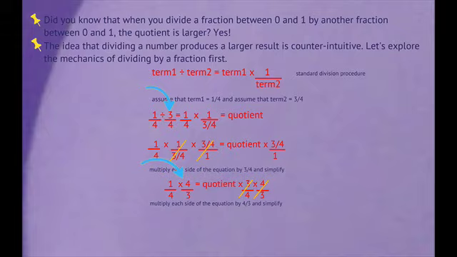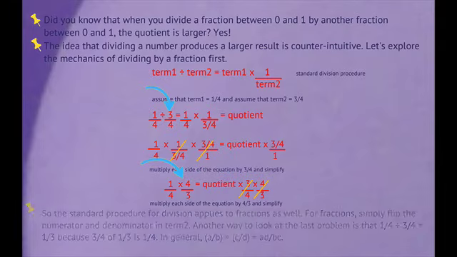Let's assume that term 1 equals 1/4 and that term 2 equals 3/4. So that's 1/4 divided by 3/4 equals 1/4 times 1 over quantity 3/4, and that's equal to the quotient. Let's multiply each side of the equation by 3/4 and simplify, and then multiply each side of the equation by 4/3 and simplify. And we have 1/4 times 4/3 equals the quotient.